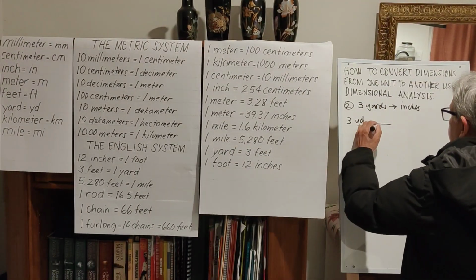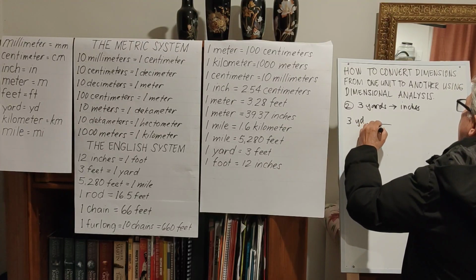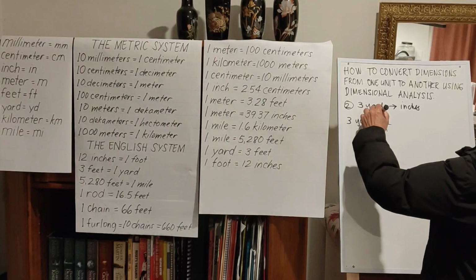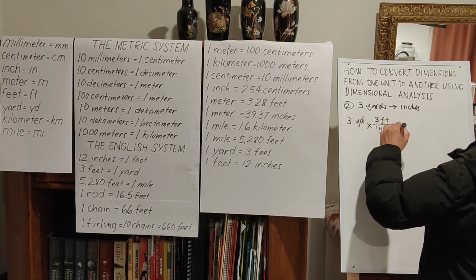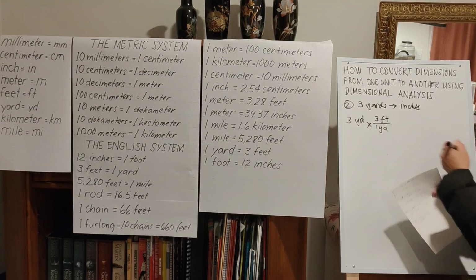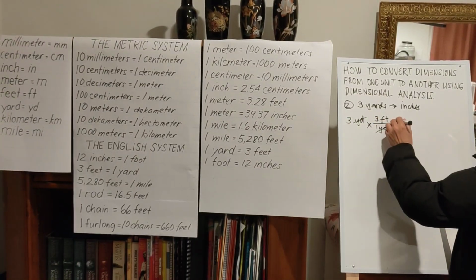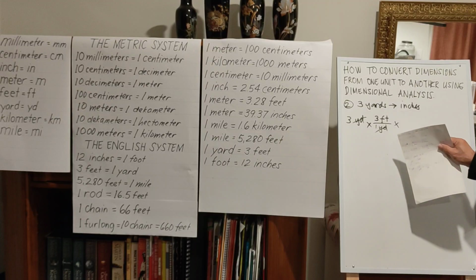So 1 yard, and then this will go to the numerator, 3 feet. Now if you multiply that, yard and yard will cancel out.